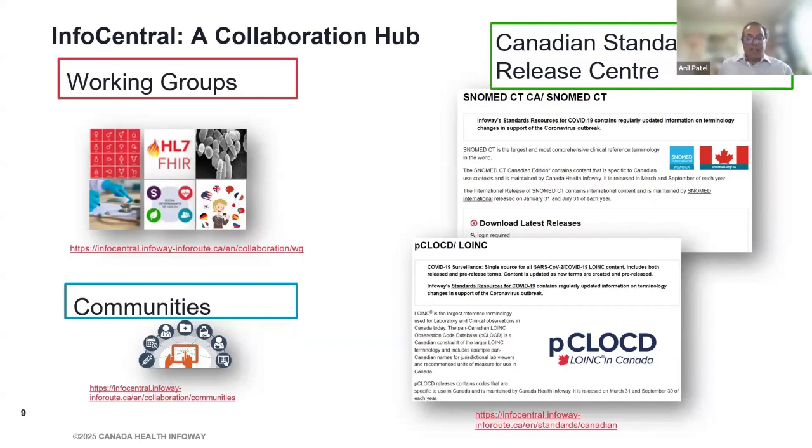The communities provide a space where you can share news, attend education sessions, connect with experts, and host meetings. There are lessons that we've heard from other jurisdictions or vendors, and those are shared there too. And also through the communities, there's historic information of presentations that were done previously.